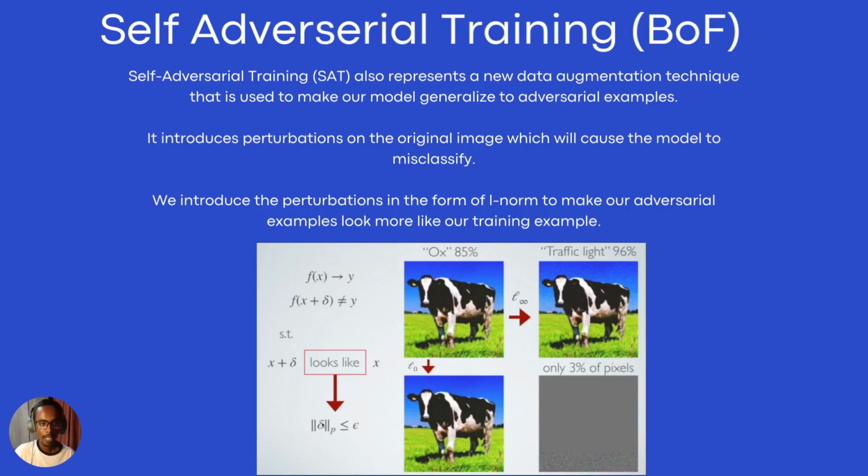When you add this perturbation to x, it must still look like x, and this perturbation can be bounded with epsilon. The type of perturbations that we introduce can change the image under an L norm, so we can use a 0 norm or infinity norm.